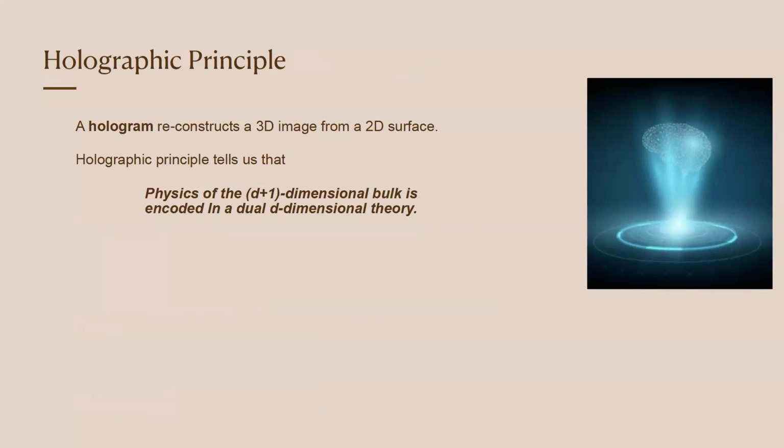Okay, so there is a three-dimensional bulk which has some physics. That physics is encoded on this two-dimensional surface. So that is what the holographic principle is telling us in general. It doesn't have to be 3 or 2, it can be d+1.